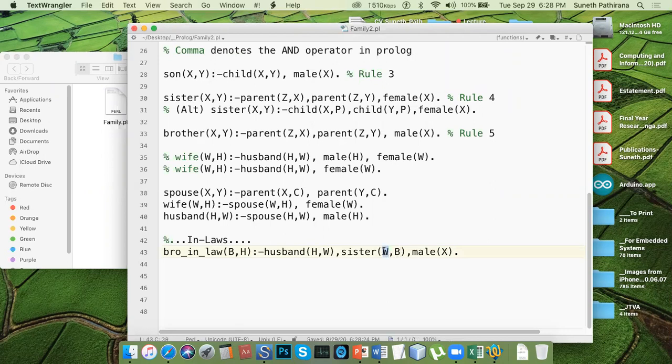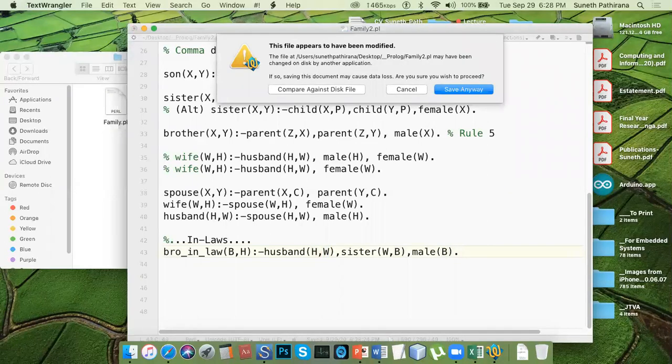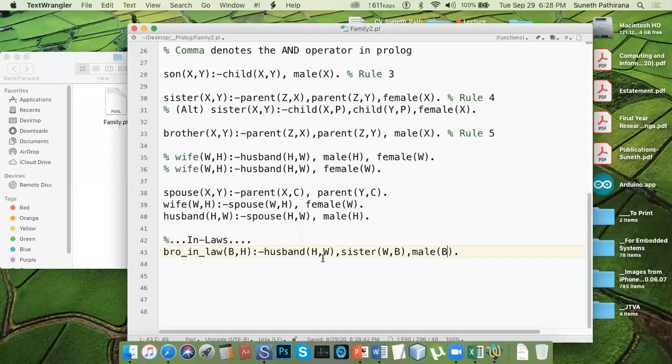If you put sister, capital S, here, you have to replace capital W with capital S. It's inappropriate here. If you put S here, that means S is the wife of the husband. It's okay, but better to keep that relationship.